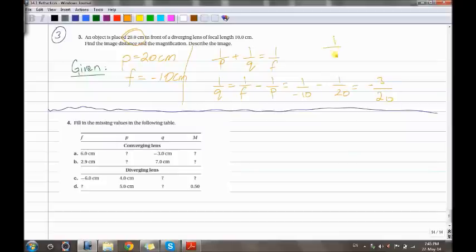Let's cross multiply, 1 over Q equals negative 3 over 20, to make sure. Then the answer here, Q, would be 20 divided by negative 3, which is negative 6.66.